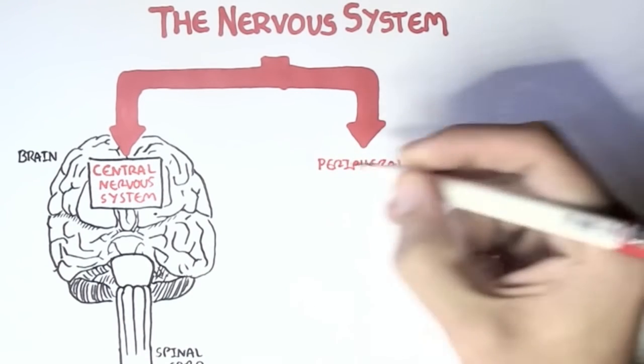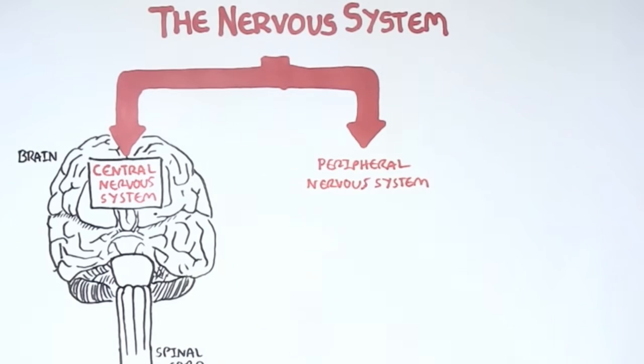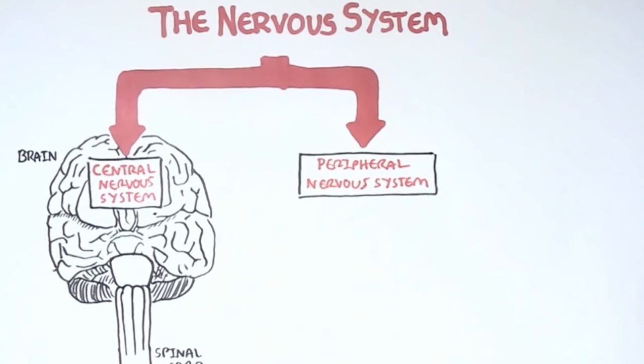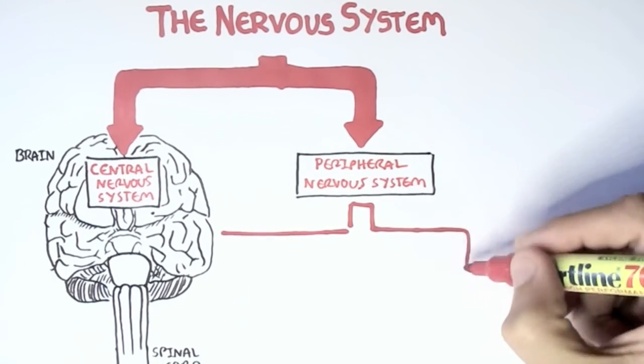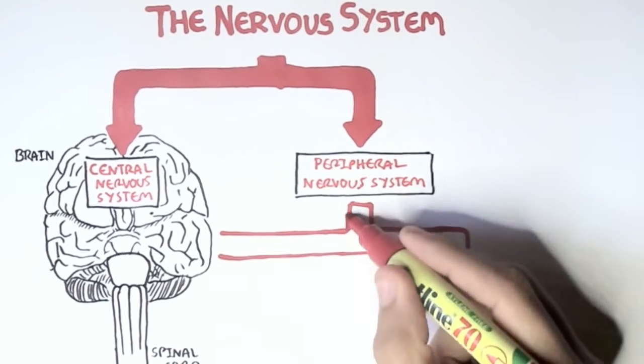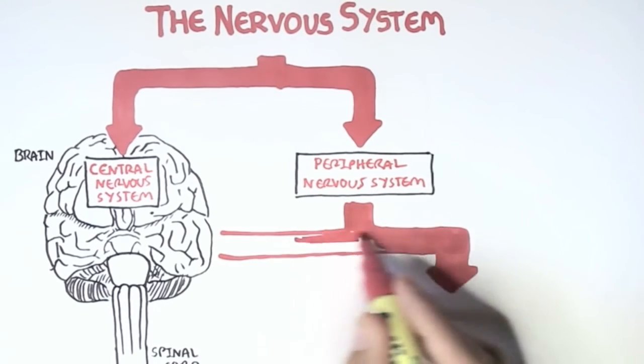Then you have the peripheral nervous system. The peripheral nervous system is as important as the central nervous system because it is actually what brings these information, these signals, to the central nervous system, and what takes these information, these signals, out from the central nervous system. And so the peripheral nervous system can be divided into two parts.